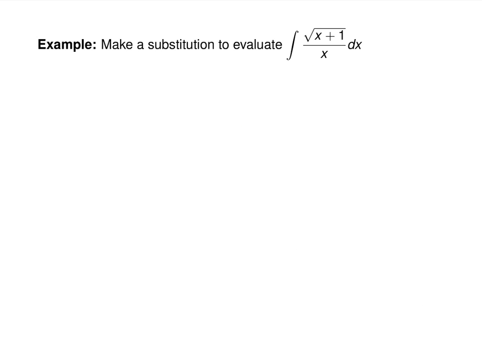As with much other stuff we've done, various techniques can be combined to make things into integration in this particular manner. And so for this problem, the best thing to do is a substitution, and it's always tricky to choose what to substitute for. In this one, what you choose to substitute is root x plus 1.